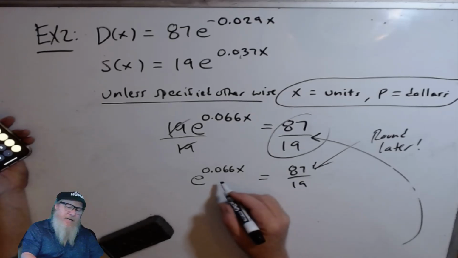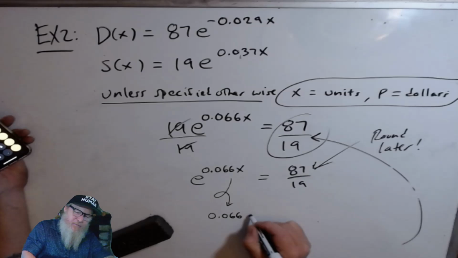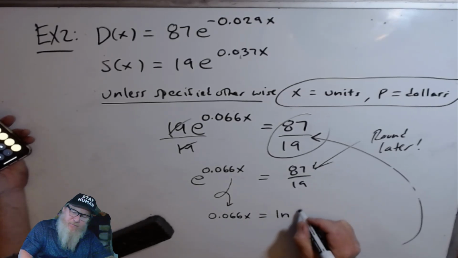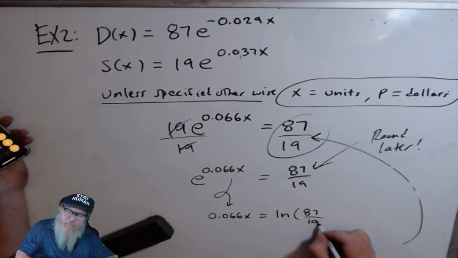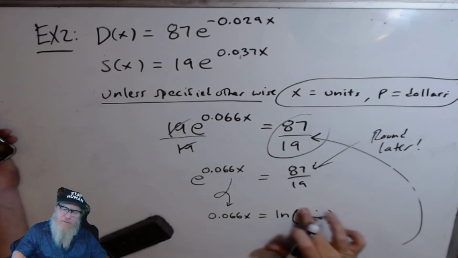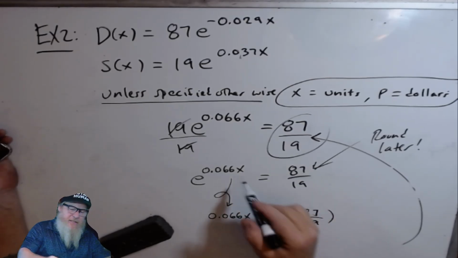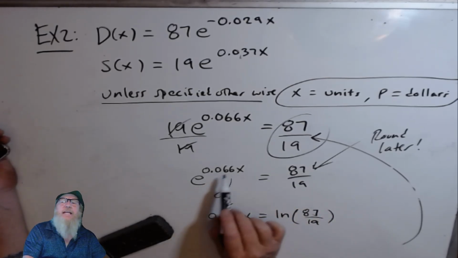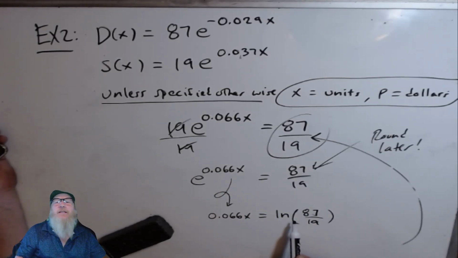All right. Now I'm going to rewrite this in natural log form. Remember, this is a basic algebra concept. If e to a power is equal to a number, then the power is equal to the natural log of that number.